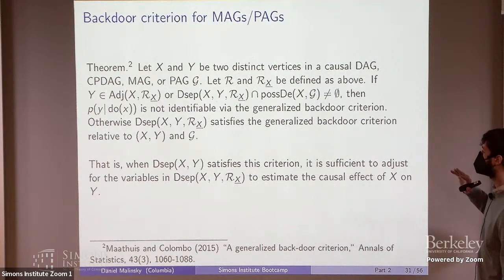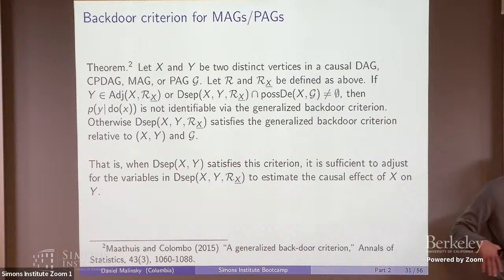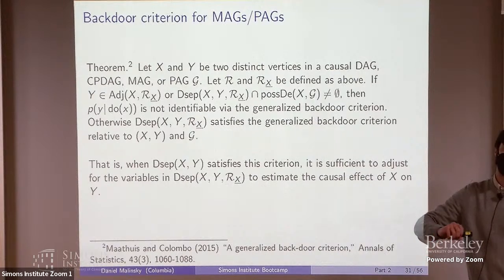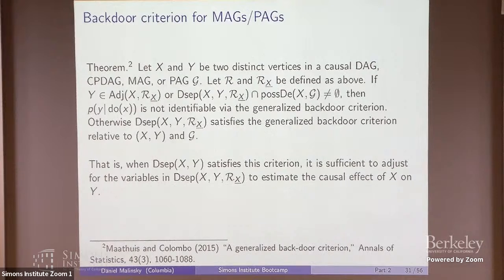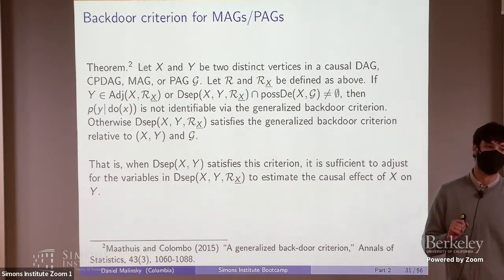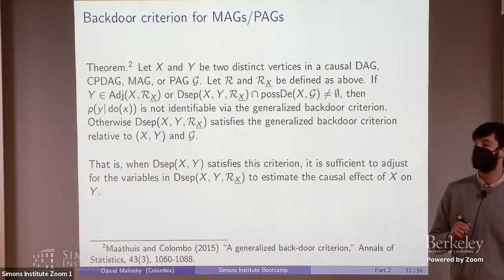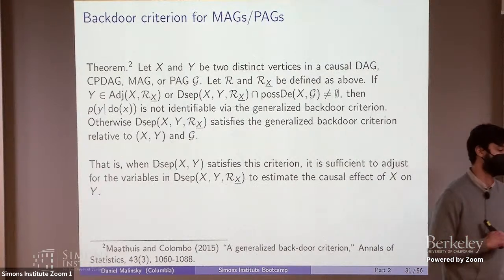And actually I should mention that there's a do calculus for MAGs and PAGs, which is in the paper I cited earlier by Jiji Zhang in JMLR from 2008. But it doesn't have quite all the nice properties that do calculus has for general ADMGs.